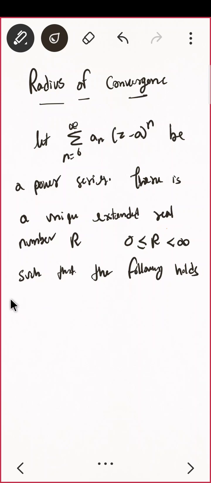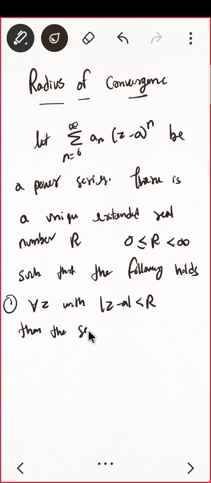The first thing is, for all z with |z minus a| less than r, the series summation of a_n into (z minus a) raised to n converges absolutely.